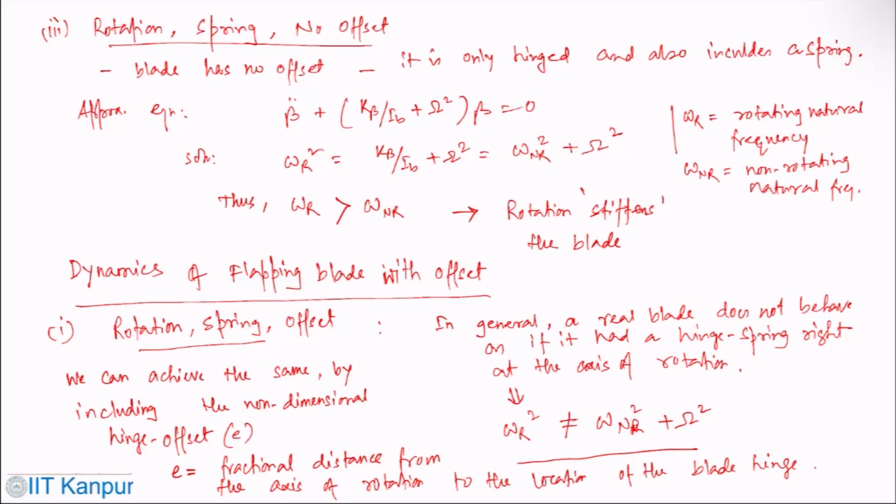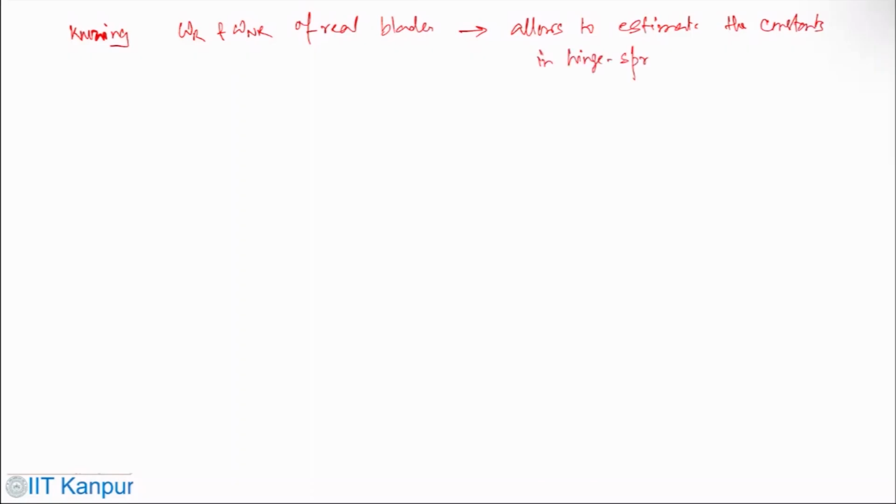That means knowing omega r and omega nr of real blades allows us to estimate the constants in the hinge spring model. So once we know that, we can actually estimate all this.